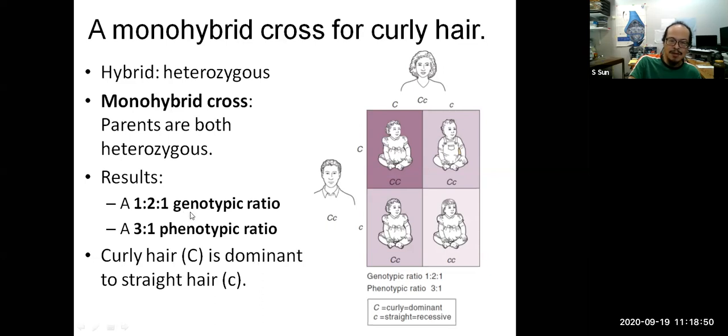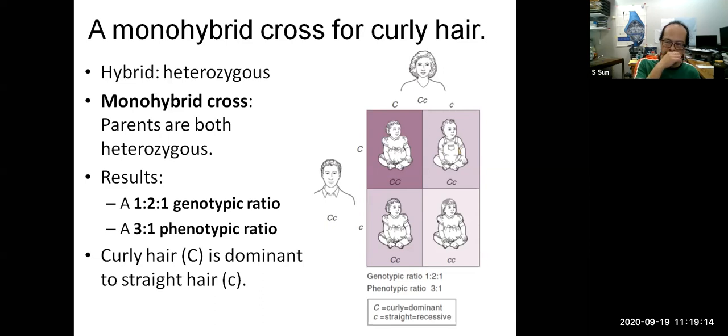But the phenotype ratio is 3 to 1. So the ratios of genotype and phenotype are different. The chance to have a recessive phenotype is 25%.